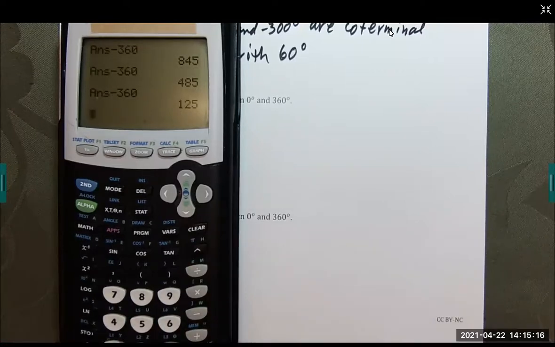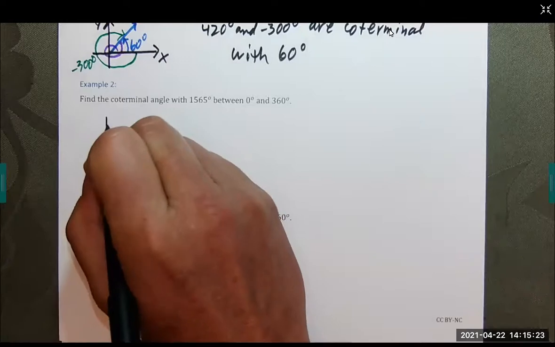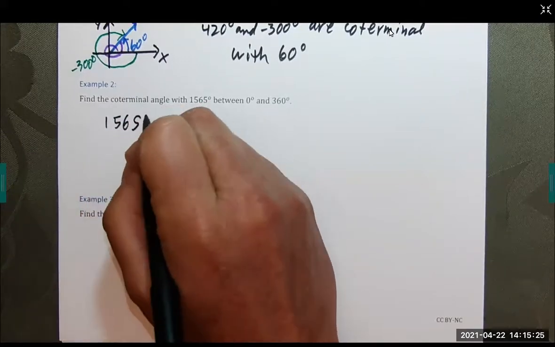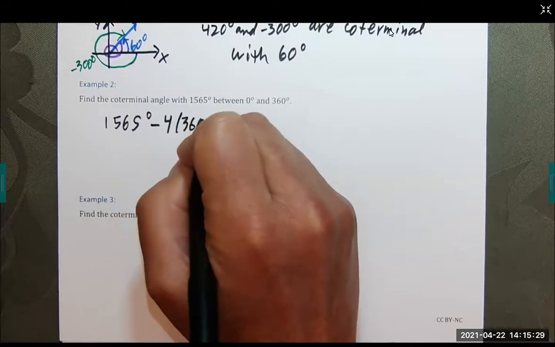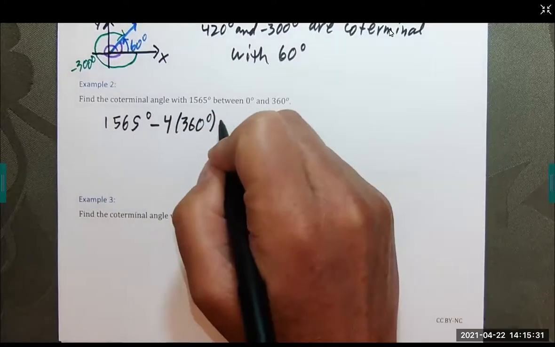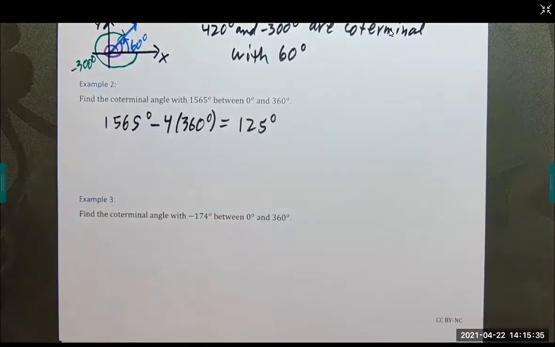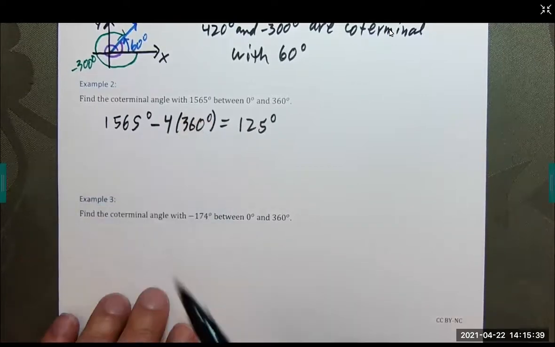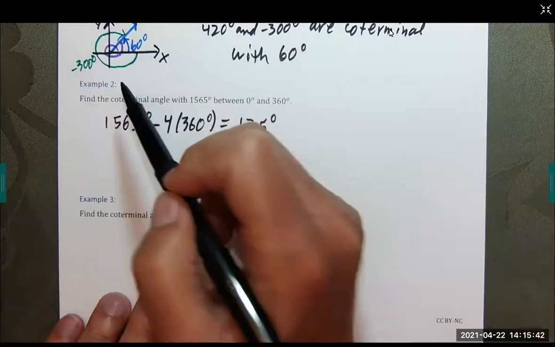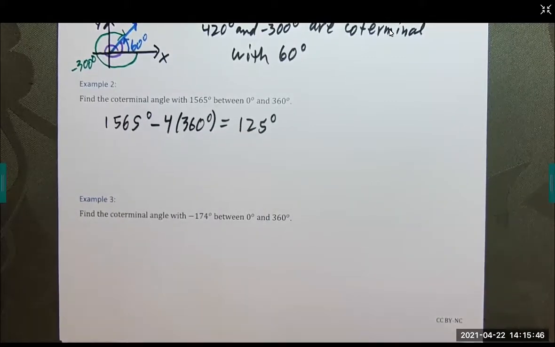So what I had to do was take the 1565 degrees and subtract 4 360 degrees, which brought it down to 125 degrees. So this angle is going to go around and around and around 4 times and then end up at 125 degrees. Kind of looks like this.